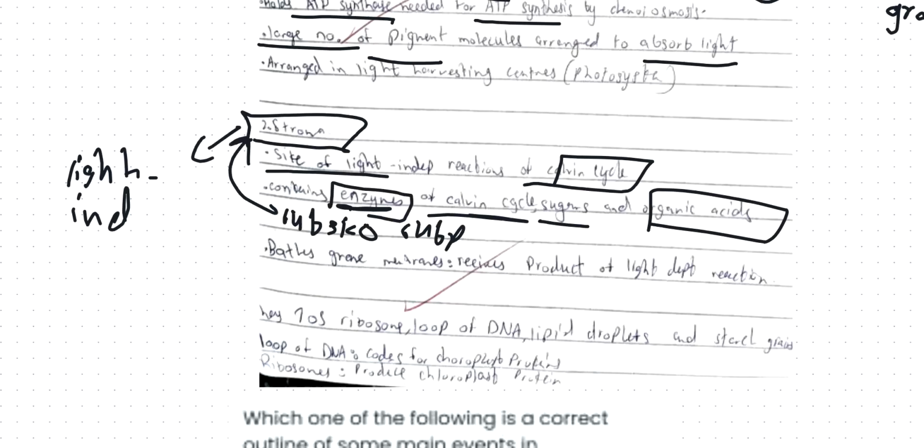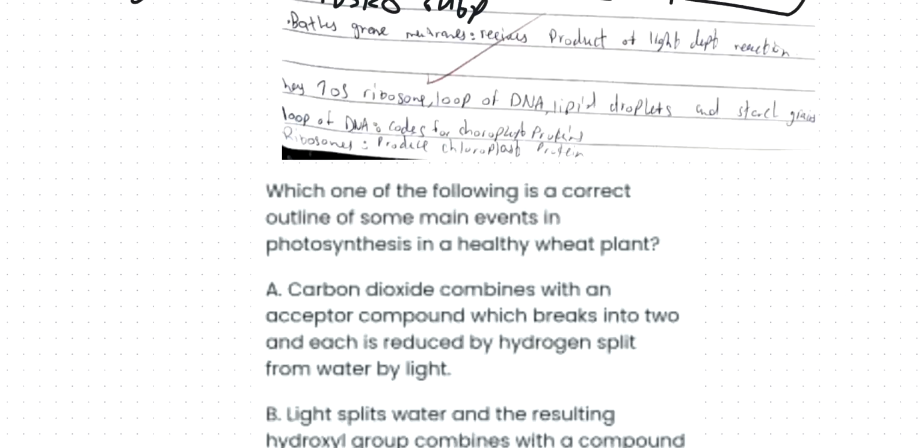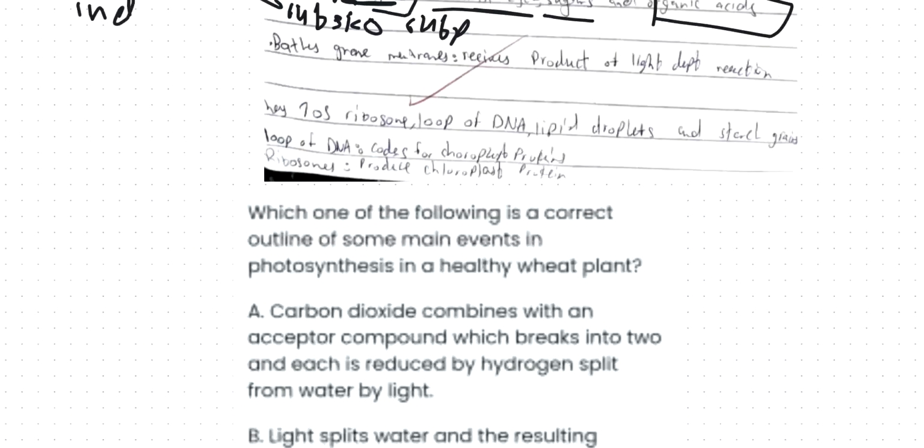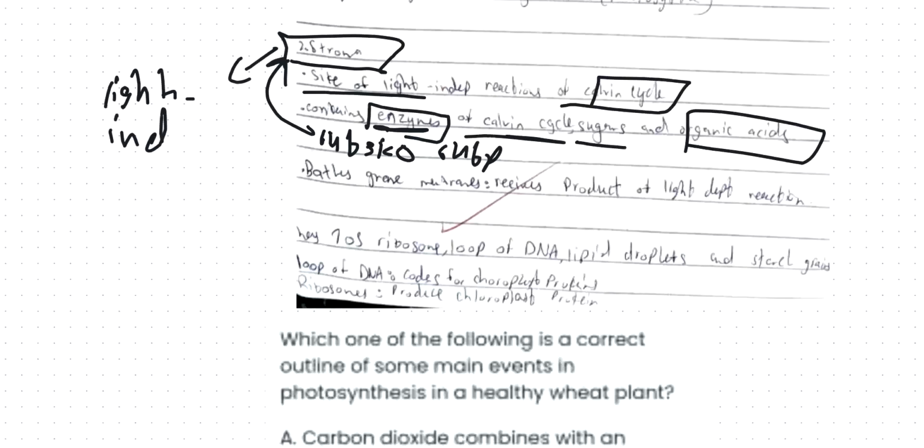This stroma, I told you, acts like the cytoplasm. So the stroma also has 70S ribosomes, a loop of DNA, lipid droplets, starch grains, all of that stuff. It also has ribosomes to produce chloroplast proteins.